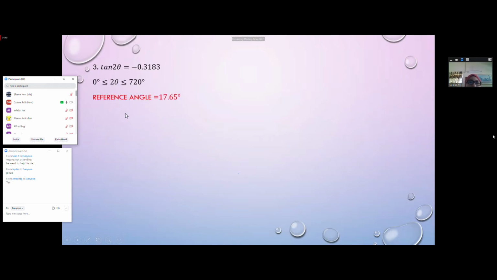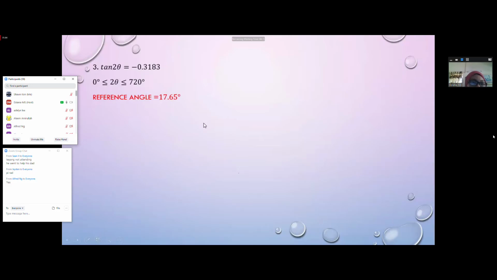Then find the reference angle. All the steps are the same. Shift tangent 0.3183. Just ignore the negative. You can find that as your reference angle. Shift tangent 0.3183, 17.65.